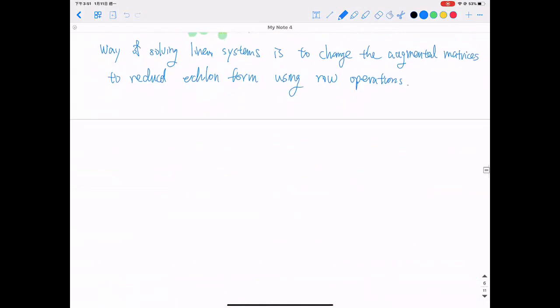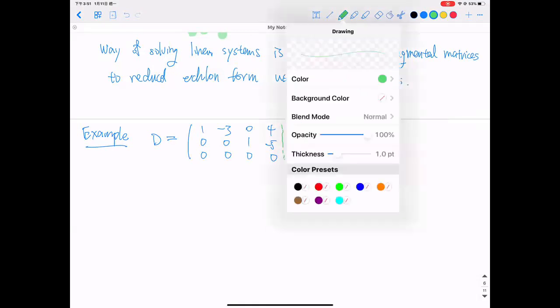And now let's see one more example of echelon forms. Say matrix D: 1, -3, 0, 1, 0 / 0, 0, 1, -5, 1 / 0, 0, 0, 0, 0 — with the second row 0 0 1 -5 1 giving x3. Let's suppose this is an augmented matrix.